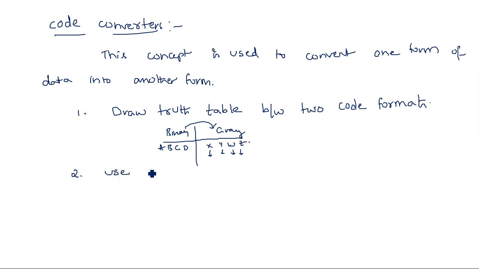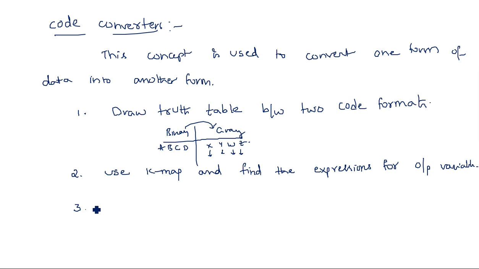So use K-map and find the expressions for output variables. In this case it is X, Y, W, Z. In some other case we are having different output variables. So whatever it is, you are going to find the K-map for X, Y, W, and Z. This is the second step.